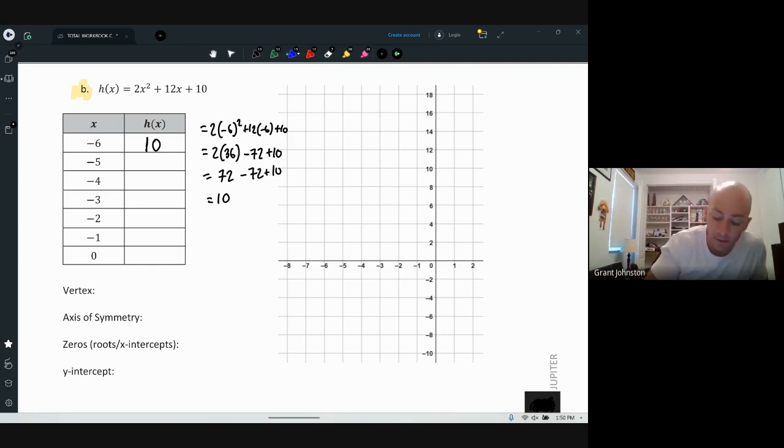Let's do -5 now. Okay. So maybe I'll label this as h of -6. So now I'm going to do h of -5. Okay. So 2 times -5 squared plus 12 times -5 plus 10. -5 to the second power is 25. 12 times -5 is -60. 2 times 25 is 50.